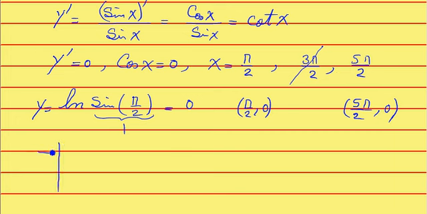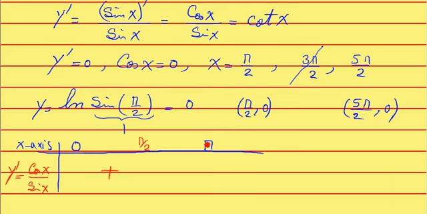Let's just focus on from 0 to pi. Our solution was pi over 2. I put pi over 2. Our derivative y prime became cosine over sine or cotangent. Either of them, cosine over sine. Well, this is the first quadrant. Over the first quadrant, both cosine and sine are positive, so the ratio will be positive.